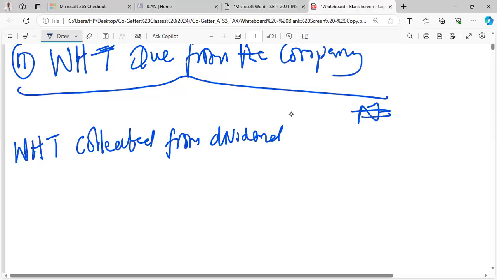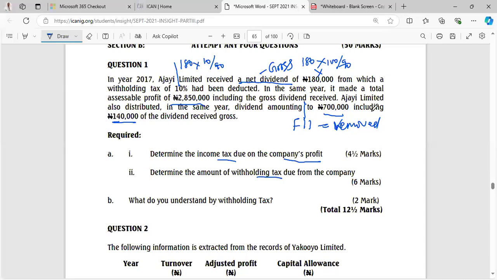You are going to collect the withholding tax, which is going to be 10% of the gross dividends that they have distributed or paid out. So that's going to be 70,000. All right. Now they said this 700,000 is inclusive of 140,000 that was received.